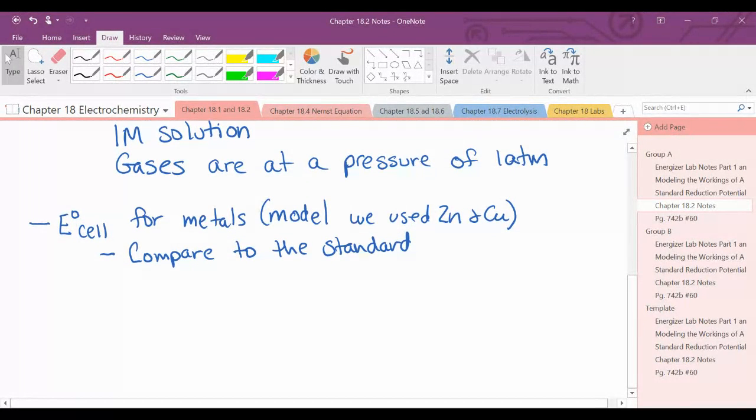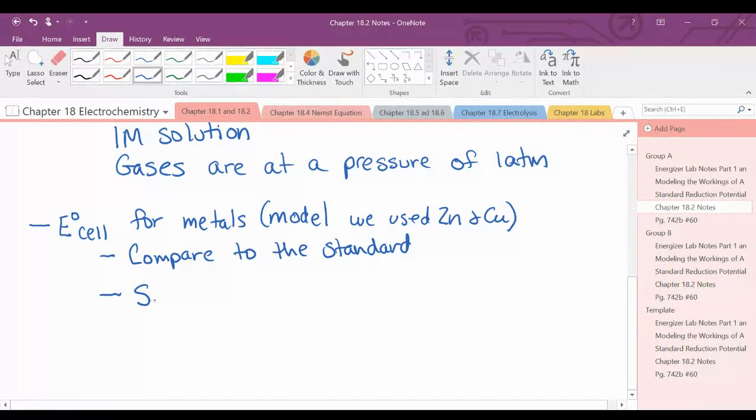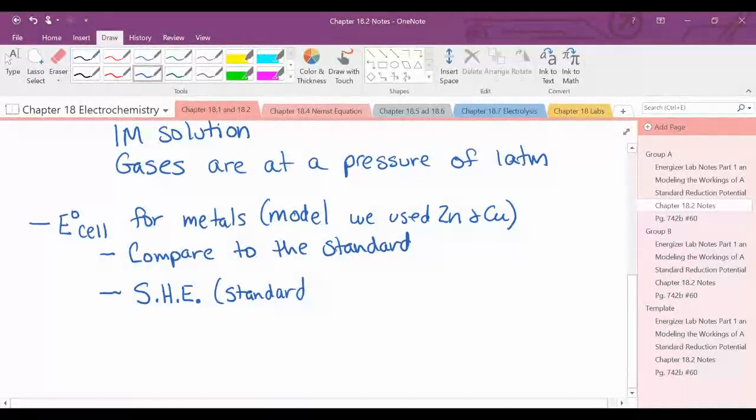And so the standard is called SHE, which stands for Standard Hydrogen Electrode.